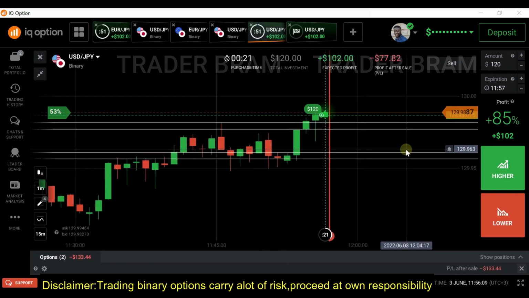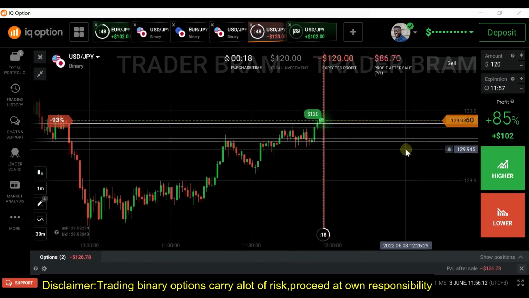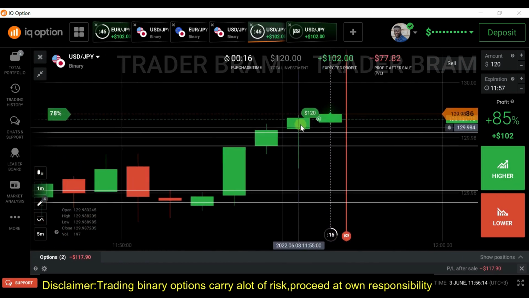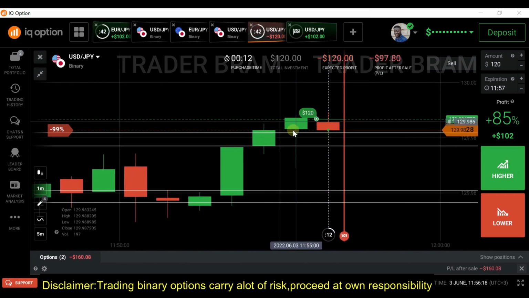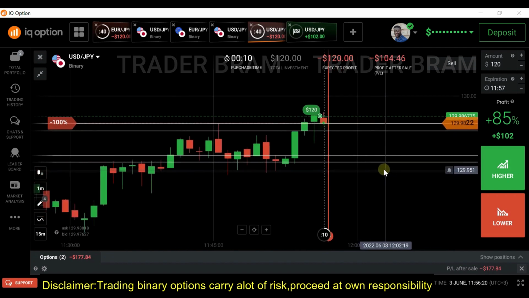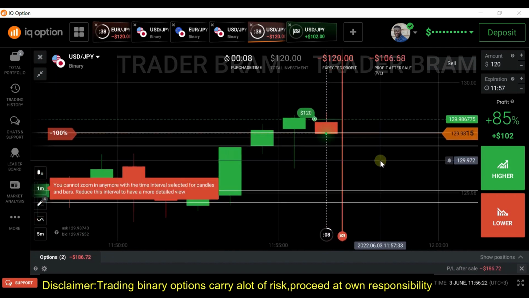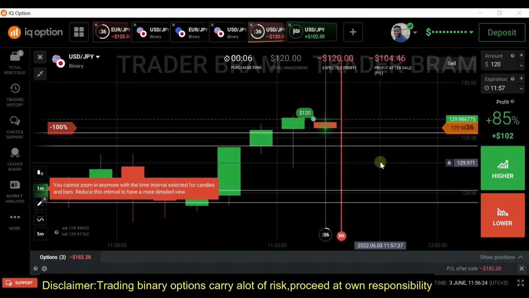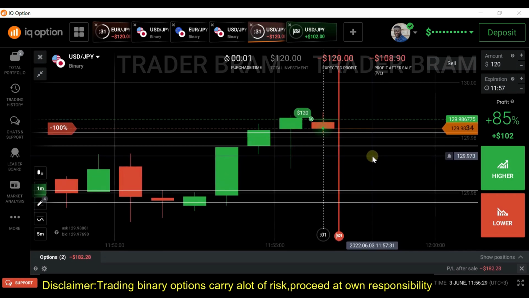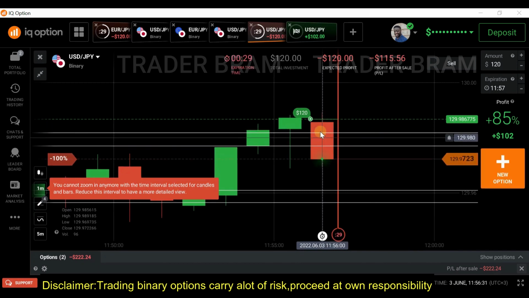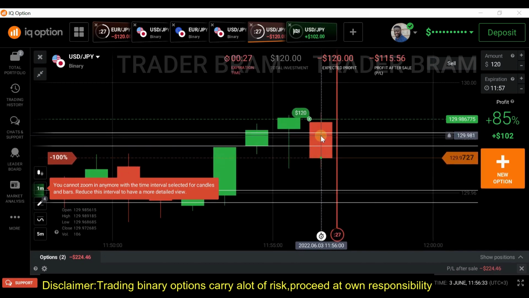I'll do a call option now. This candle now has shown us that the market will move more higher, but let's wait. So the best entry point would have been at this area of support and resistance.